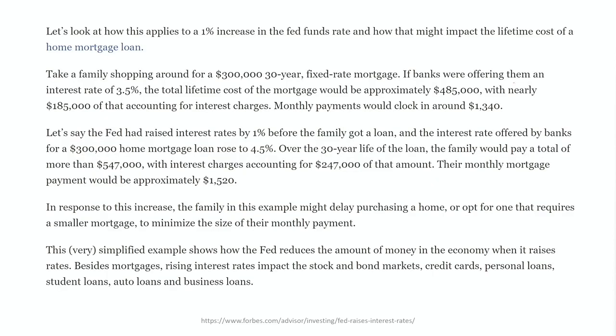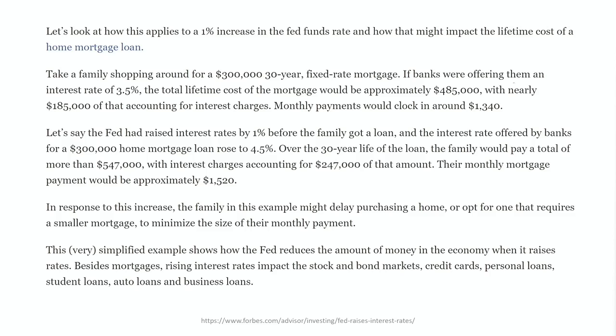All right. So if we look at an example of a mortgage, like I said, the Fed funds rate doesn't affect mortgage rates directly, but in this example, they use it as if it applied directly. So you take a family shopping for a $300,000 30-year fixed rate mortgage.